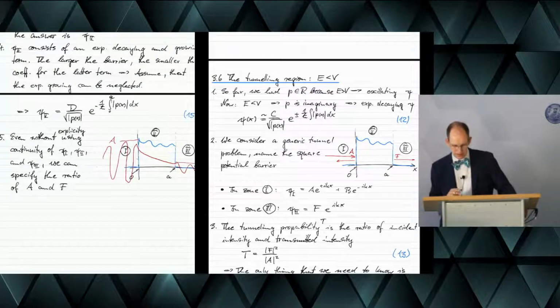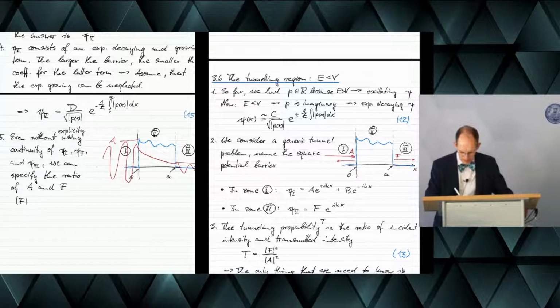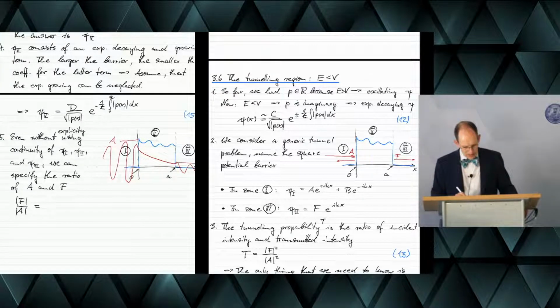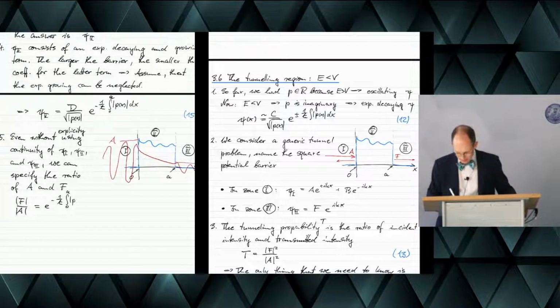It's basically using continuity. So it's just given by this function here, e to the minus 1 over h bar. We integrate from 0 to a, p x dx. So that's equation 16.